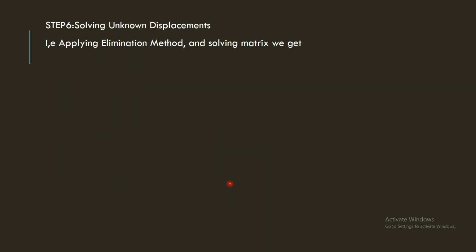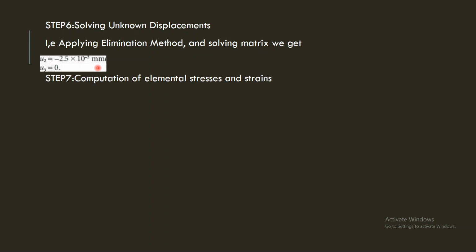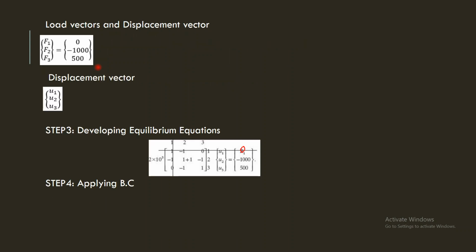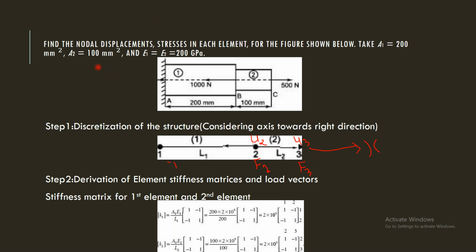If you do that and solve that, I got u2 is equal to minus 2.5 into 10 raised to minus 3 mm, and u3 equal to 0.